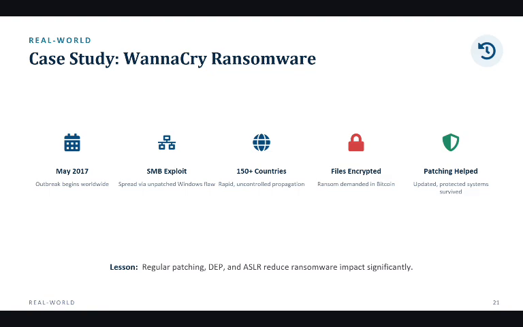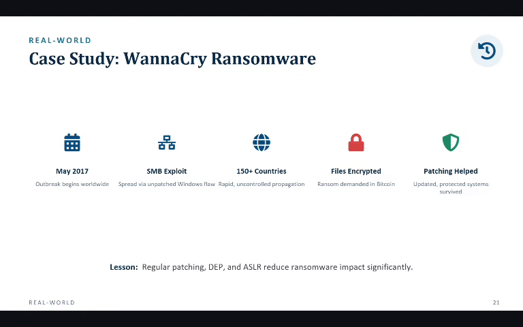WannaCry ransomware. Let's ground this in a real incident, the WannaCry ransomware outbreak of May 2017. It spread by exploiting an unpatched Windows SMB vulnerability, and within days it had propagated to more than 150 countries. It encrypted victims' files and demanded ransom payment in Bitcoin.